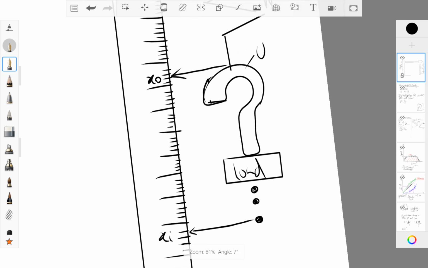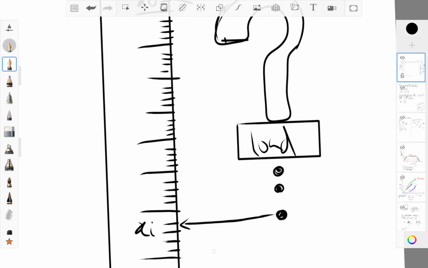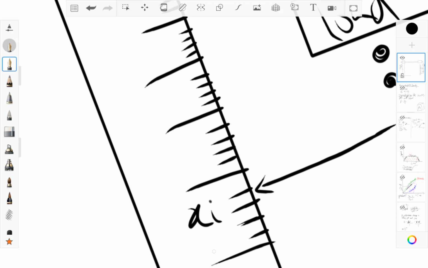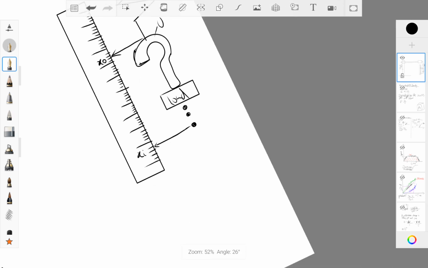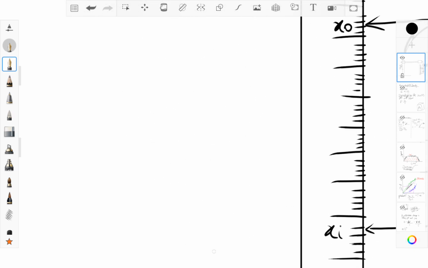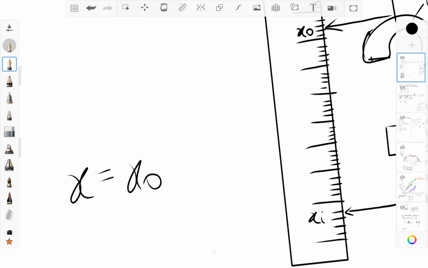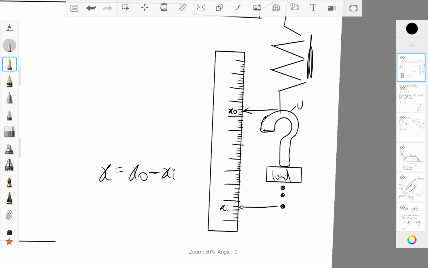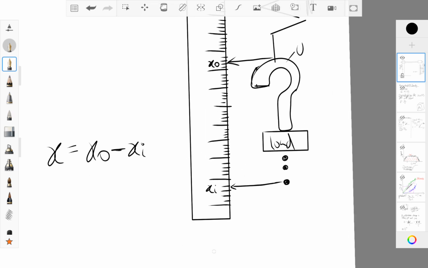When you add the load, it's basically going to drop down to this level approximately, and whatever reading you get on the ruler at this point is xi. So your extension is x equals x0, your original height, minus xi, your new or final height. And obviously you know the weight of the load.